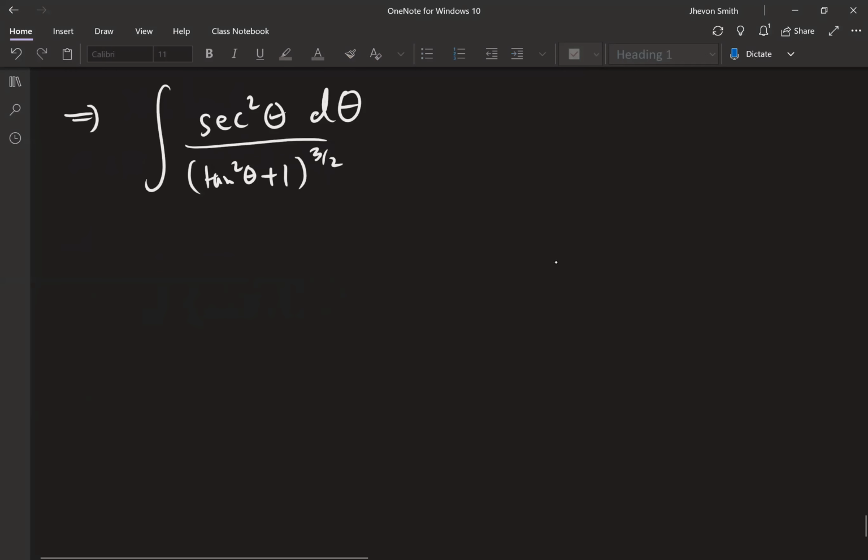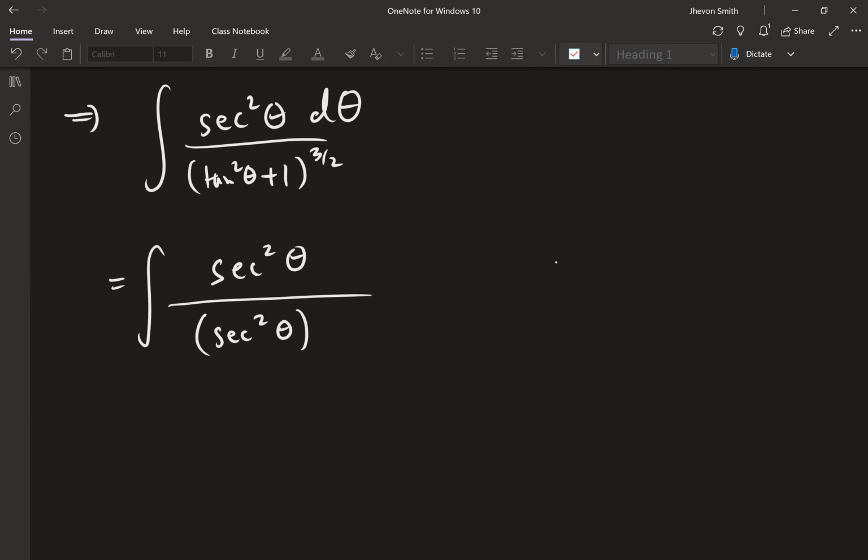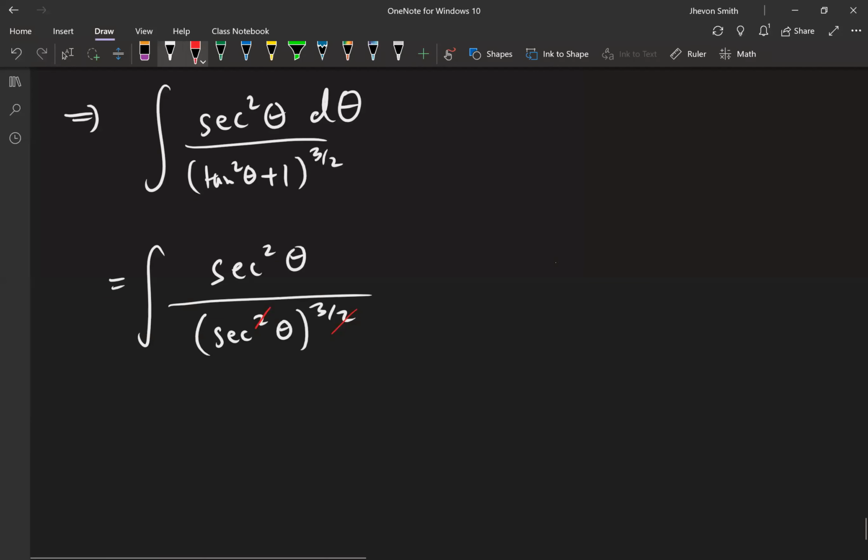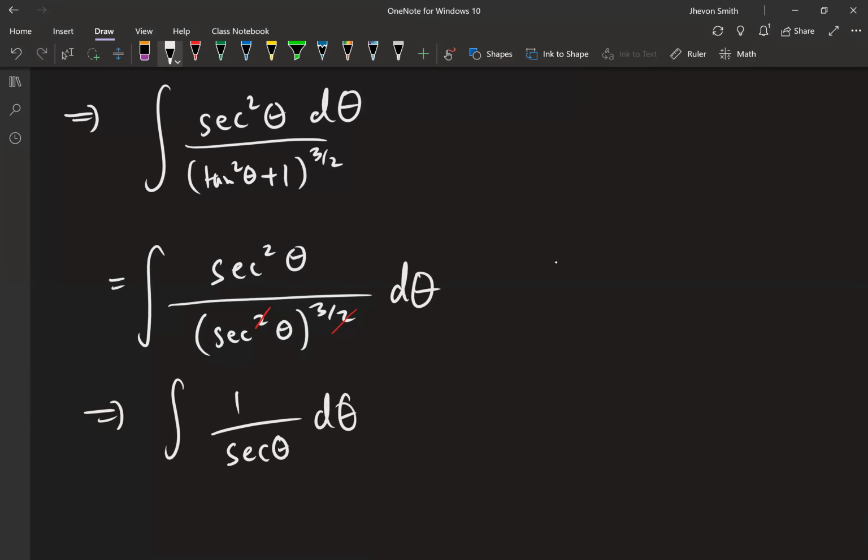Now, of course, inside here, you're going to have secant squared theta by the trig identity, and the 2's are going to cancel in the powers. And so now you're going to have secant squared divided by secant cubed. So this is 1 over secant is what we're going to be left over with. How do we integrate 1 over secant?